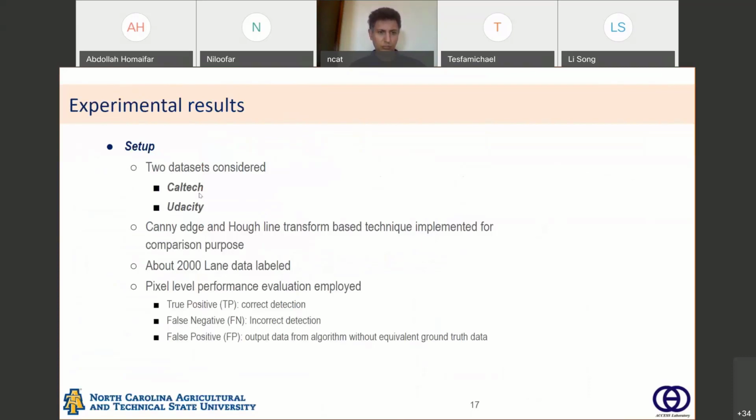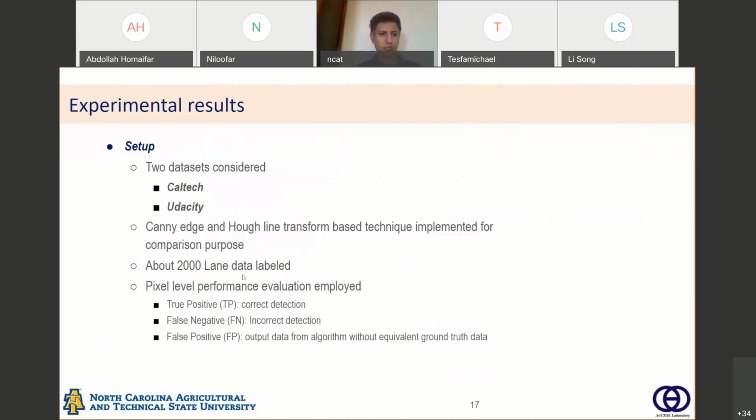One is the famous Caltech data set, and the second one is the Udacity data set. And for comparison purposes, we also implemented the famous Canny edge detection combined with the Hough line transform method.